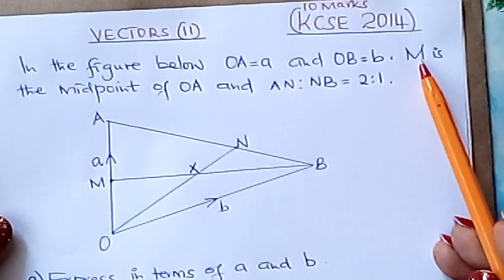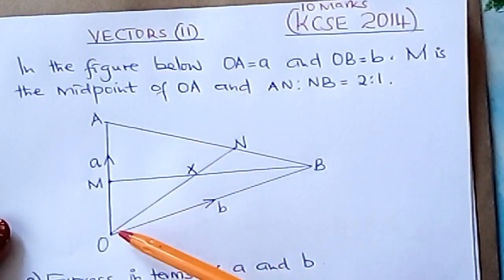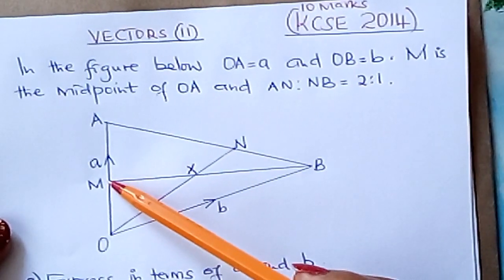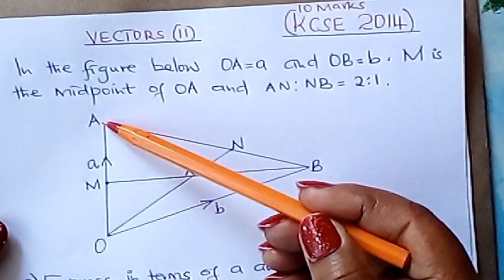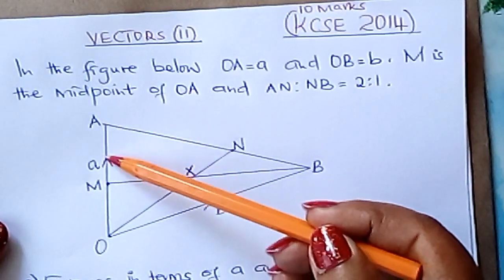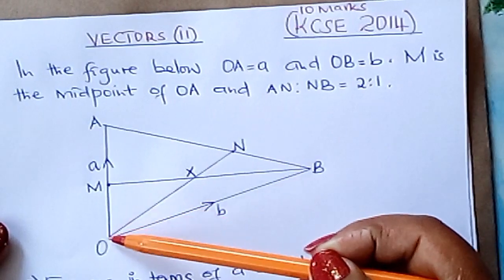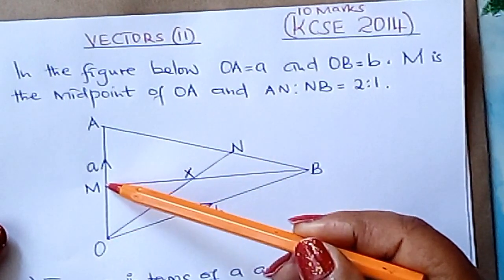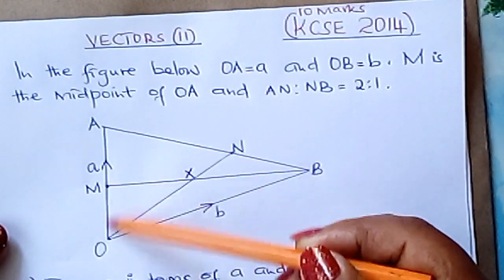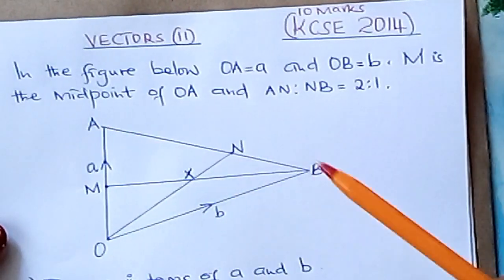Learner, M is the midpoint of OA. M, this one here, is the midpoint of vector OA. You can see the arrow there heading to A, and M is the midpoint, and therefore, in short, OM is a half of OA.